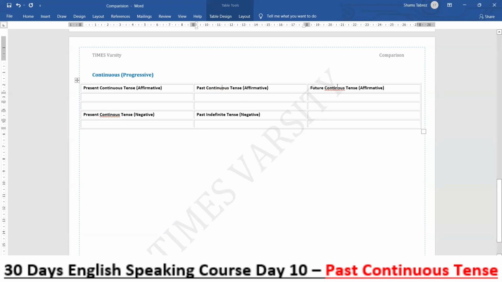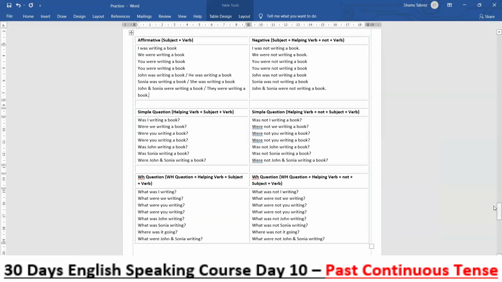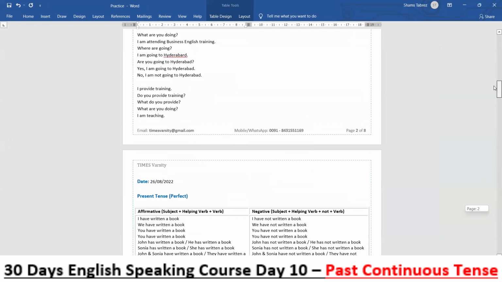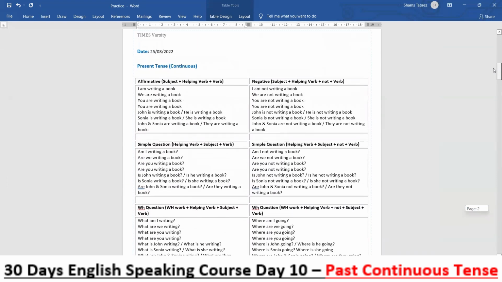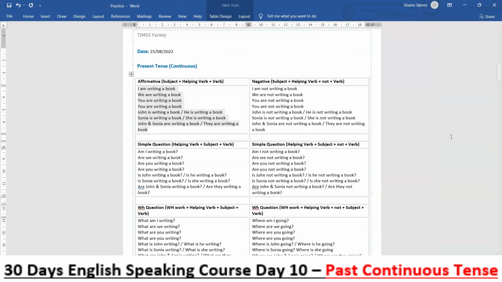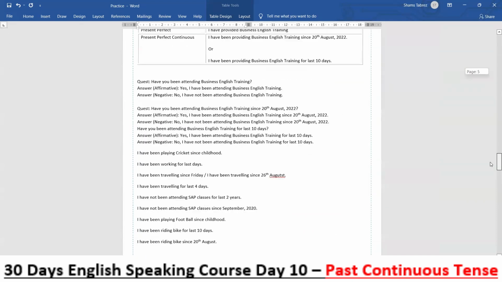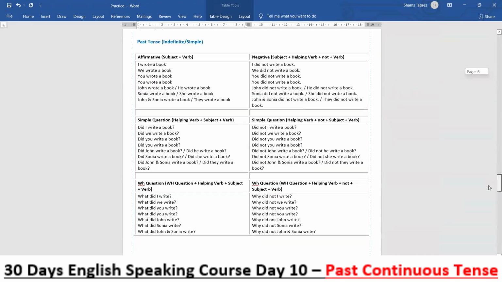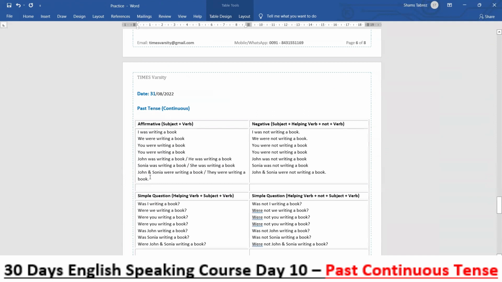Continuous. So we already have sentences in present continuous. Take those sentences. This is present continuous. This is a sentence. And in past continuous, just now we have made some sentences in past continuous.